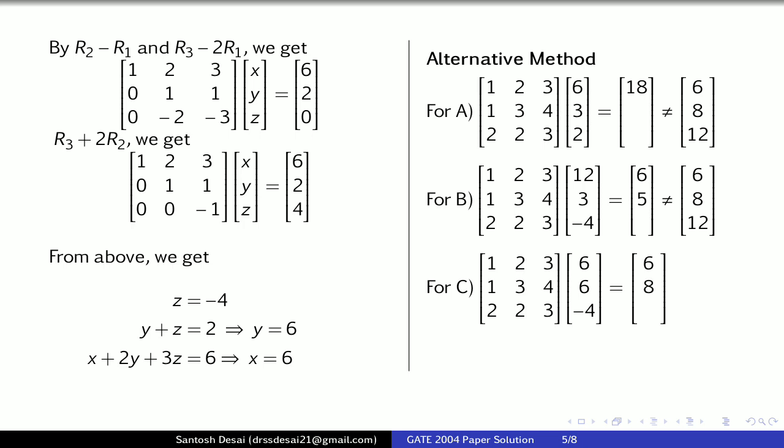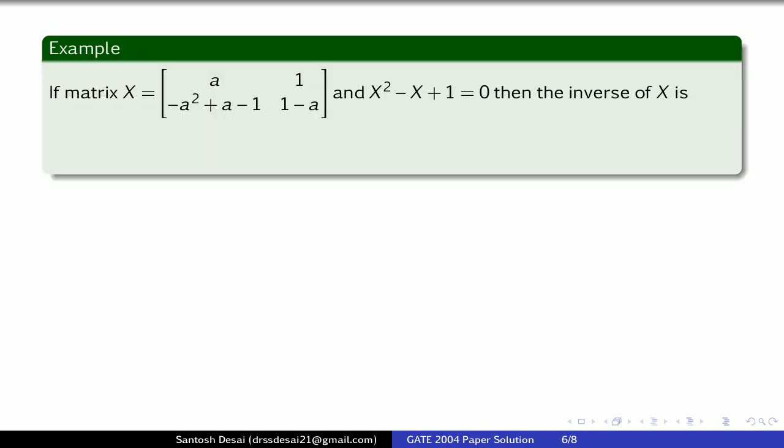Then 1 into 6, that is 6, 3 into 6, that is 18, and 4 into -4, so you will get 8, and finally we will get 12, and this is equal to the RHS. So from this also one can find the correct answer for the given question, and therefore the correct option is option C.